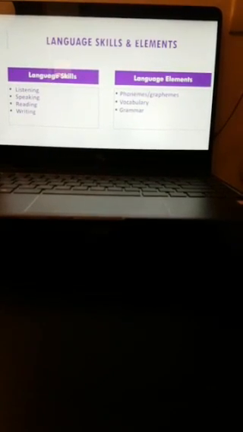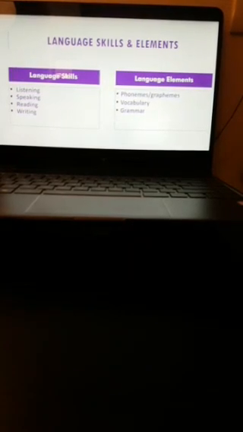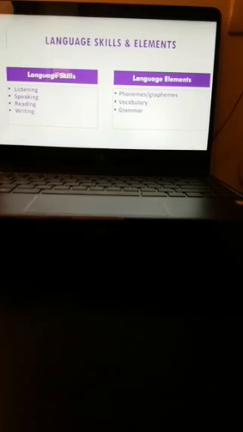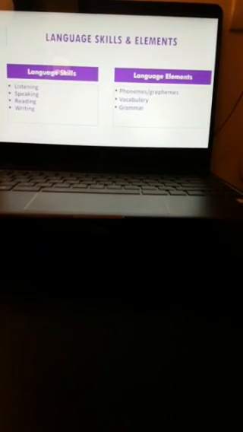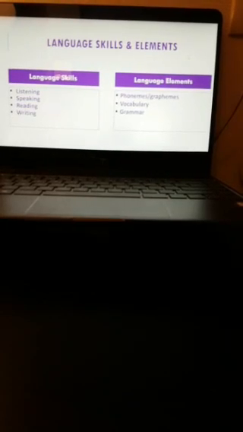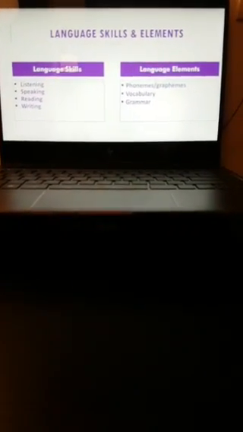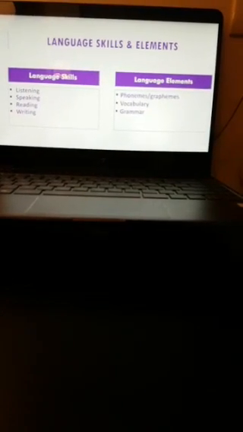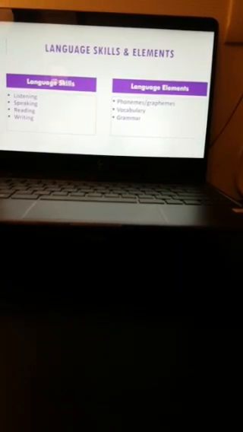And the language elements, those are the building blocks from which listening, speaking, reading, writing consist. Now, the language elements, we have either phonemes or graphemes, and the phonemes are the spoken sounds, the graphemes are the printed symbols.